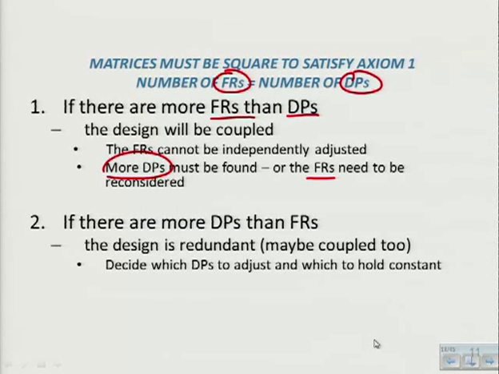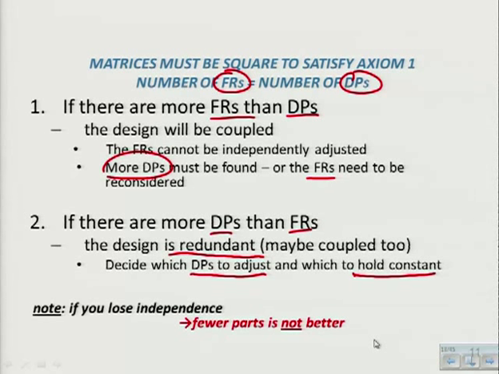If there are more DPs than FRs, the other way around, you won't have a square matrix either, but you'll have more than one DP that can adjust an FR. So you have a kind of redundant adjustment system. And so what you would do in this case is decide, all right, some DPs we'll use for adjusting and some will hold constant, because we don't need them all adjustable.